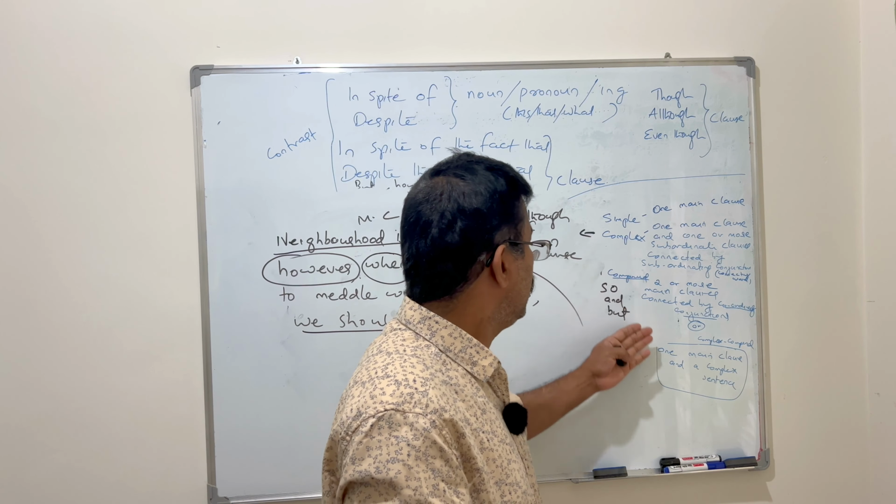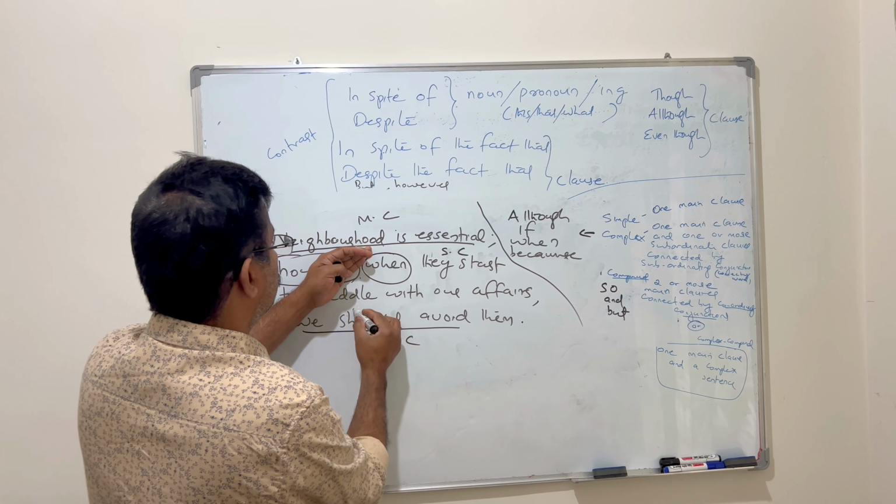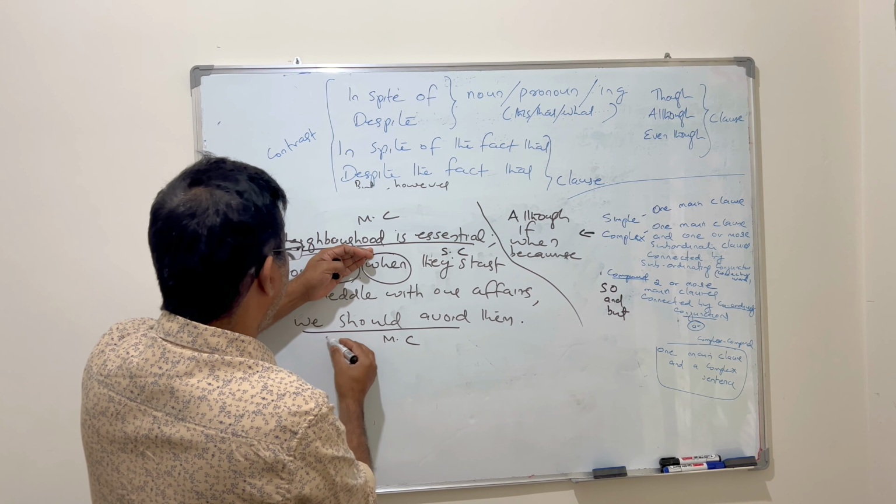And the subordinate clause is "when they start to meddle with our affairs". Look at the portion of the sentence from when till them. This is a complex sentence because "when they start to meddle with our affairs" is a subordinate clause and "we should avoid them" is the main clause. These two clauses make it a complex sentence.